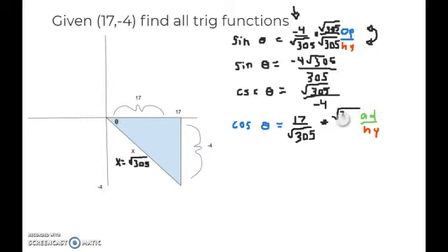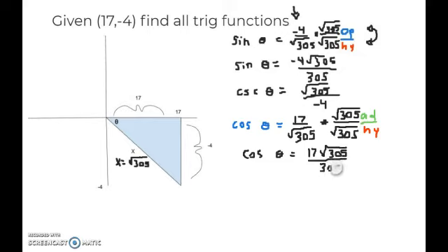So you multiply it by the square root of 305 over the square root of 305, and that'll give you your final cosine answer. Cosine of theta equals 17 square root of 305 over 305.